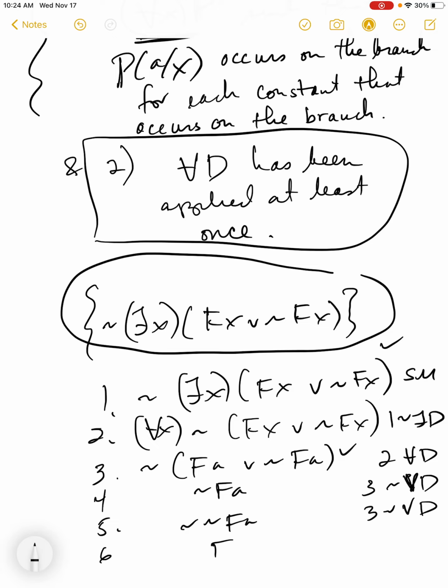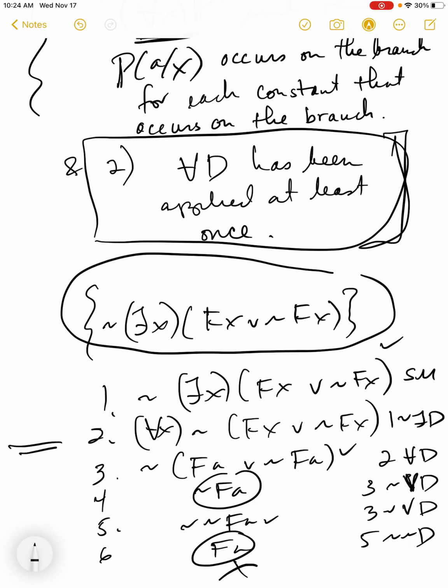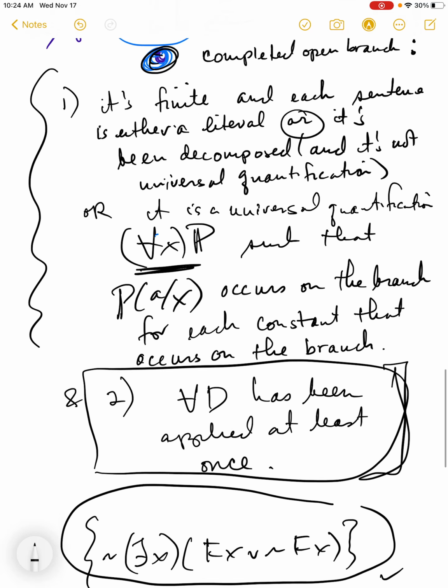Then I get FA by double negation decomposition, and that's going to close, right? Not FA and FA. So you've got to apply universal decomposition at least once. If we had abandoned it here, saying, oh, that's open, there's no atomic and its negation on it, you'd be wrong, right? So you've got to apply universal decomposition at least once.